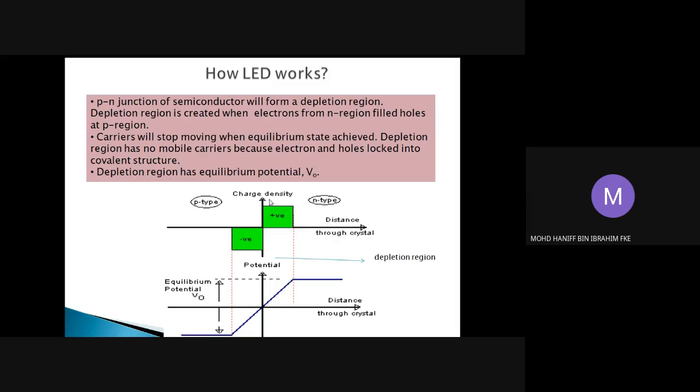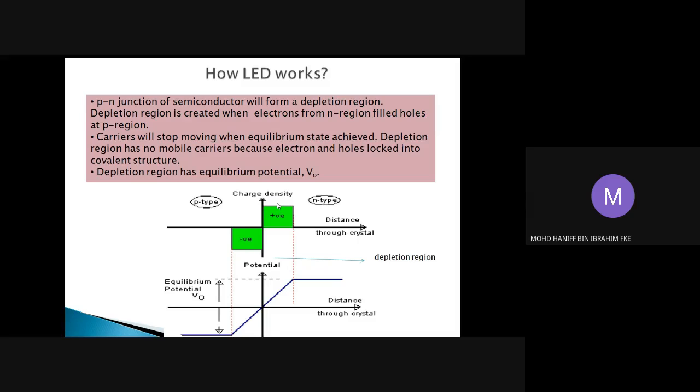As opposed to this, in the N type, because the electrons have moved to the P type region, we have holes only, which is why we have a positive charge at this depletion region.